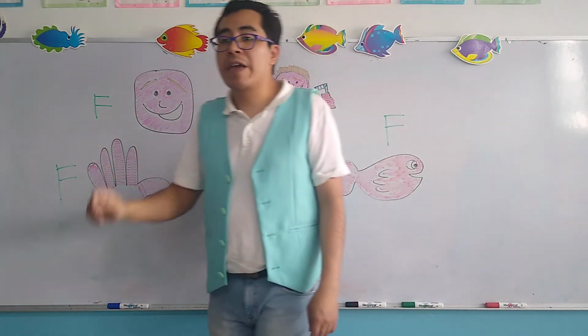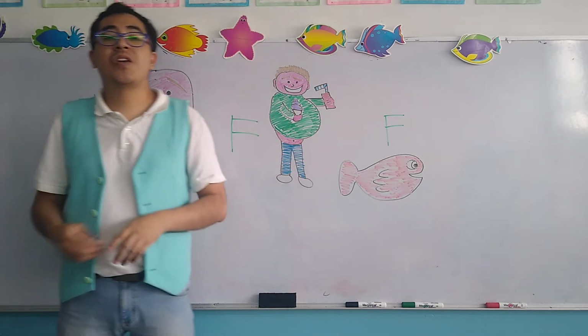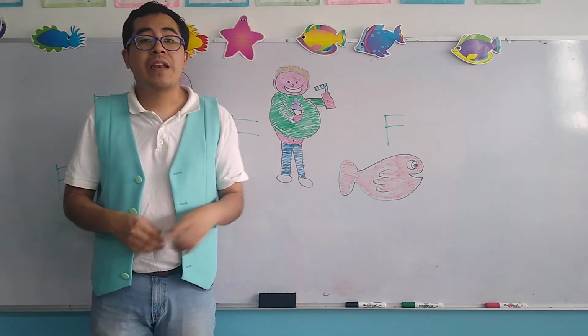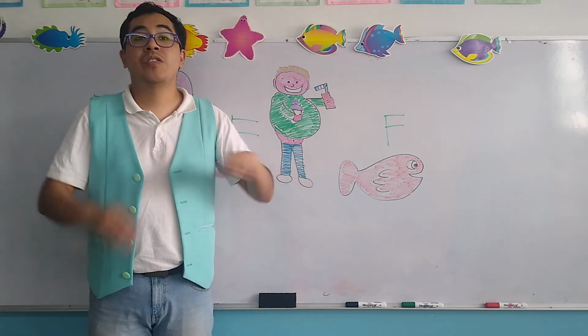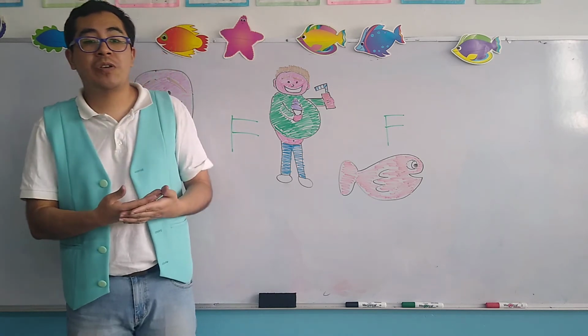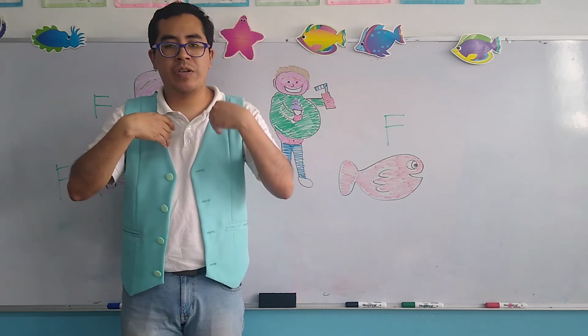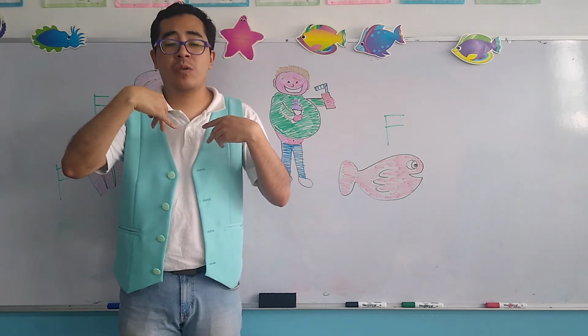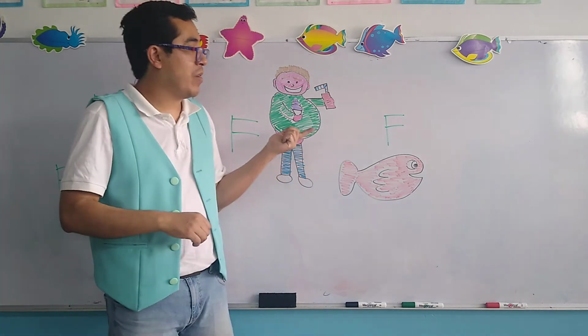Next to it, we have a person, but this person is something in particular, okay? Now the person that is in this part of the whiteboard is a fat person, okay? Now a fat person is someone who likes to eat, who eats hamburgers, who eats pizza, who eats hot dogs, who drinks a lot of sodas, who eats ice creams.